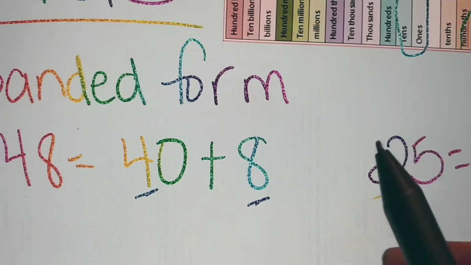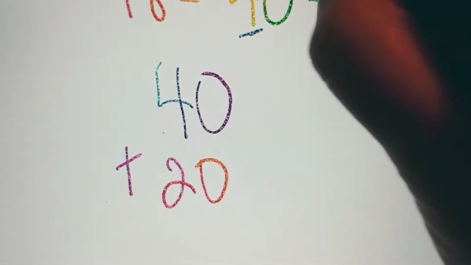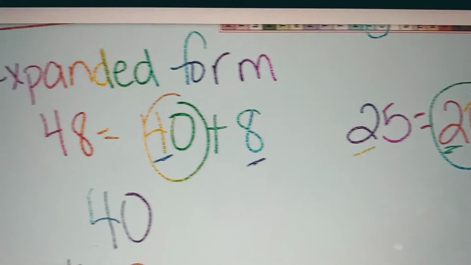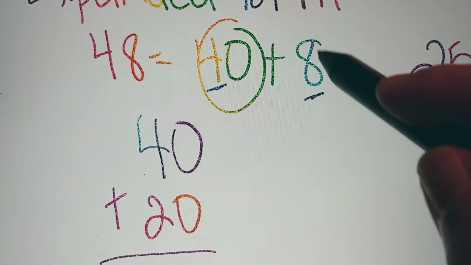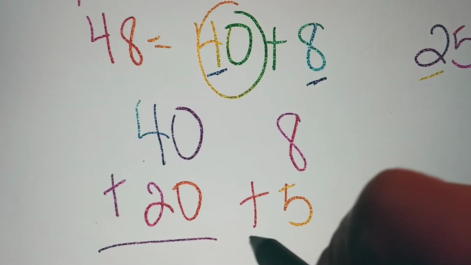Okay, so there's 2 ways we can solve this, and the one way is doing it through place value. So we can write 40 plus 20 because they have the same place value. Can you see that? They have the same place value. And then 8 plus 5.